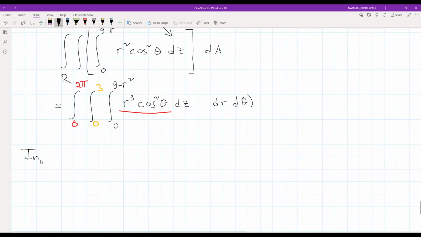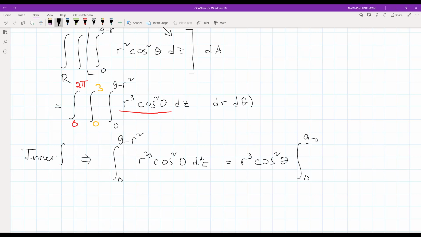Okay, so the inner integral from 0 to 9 minus r squared of r cubed cosine squared theta dz. Z is just constant. Everything in this case is a constant because it doesn't have any Z function inside. So this is just r cubed cosine squared theta, integral from 0 to 9 minus r squared dz.